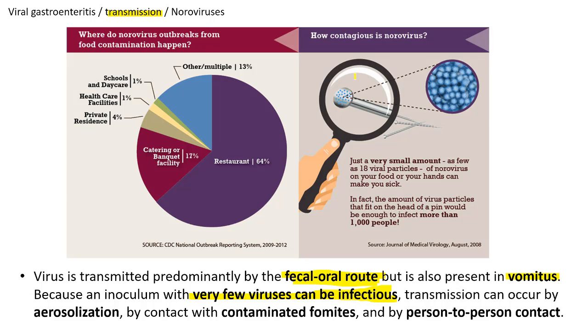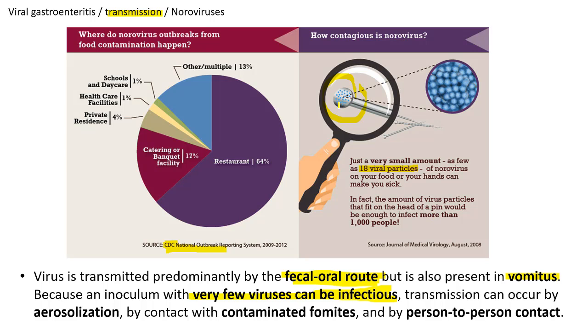Okay, so if we look here, there are a few graphs taken from the CDC website. You can see that as few as 18 viral particles of noroviruses, which is quite a small number for something that is nanometer in size, right?